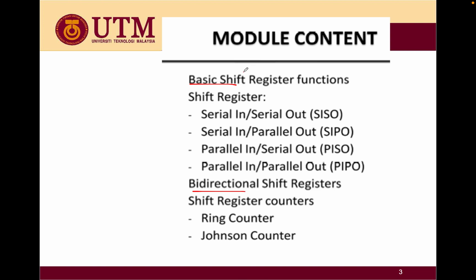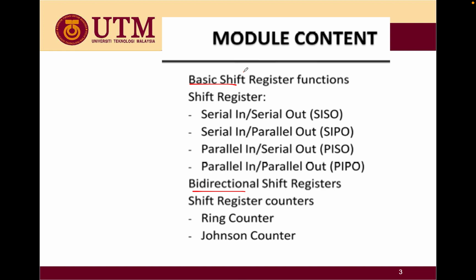Similar to your gates last time, you learned that there are a few basic gates, which are AND gates, NOT gates, and also OR gates, right? Similar to this shift register, there are basic ones before you can have much more complex register developments.